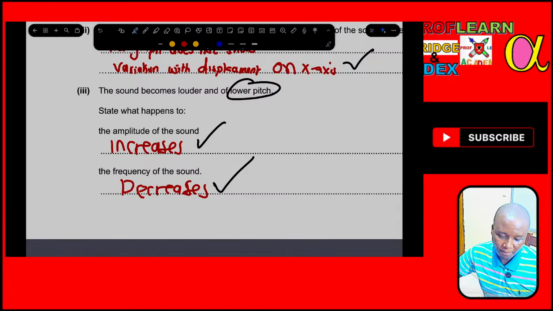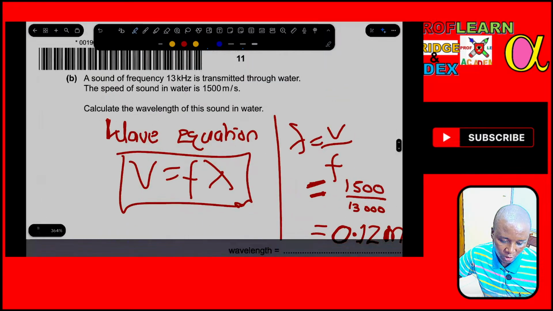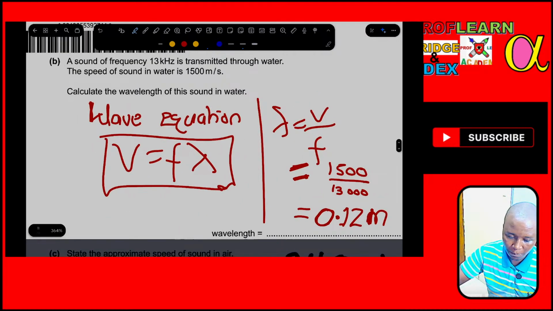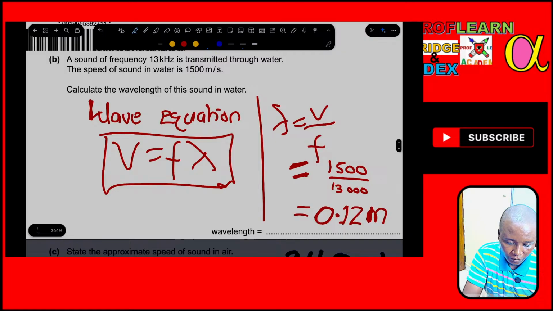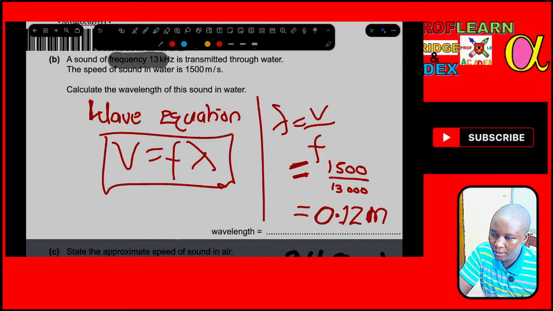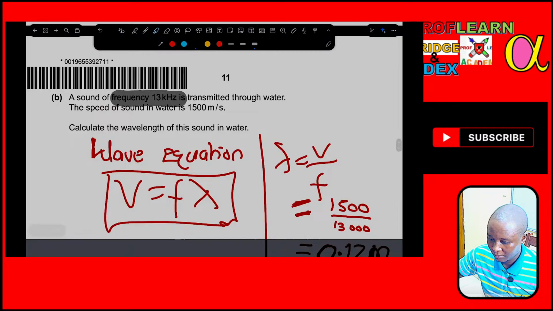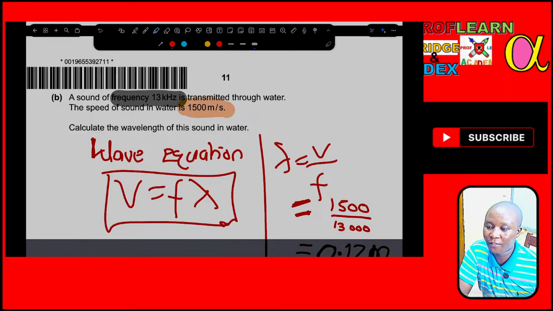All right, guys, I'll also have to look at the next question. The next question was asking about the speed of sound. We are told the frequency is 13 kilohertz, and the speed is 1,500 meters per second. Calculate the wavelength.